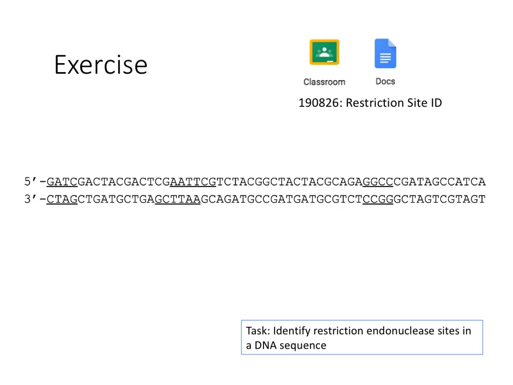So let's take a minute, look at the 3 sites that this student underlined. They said they thought these were restriction sites, and I'd like you to tell me, in about a minute, we're going to vote on which of these are or are not restriction sites. Basically, are they palindromes?